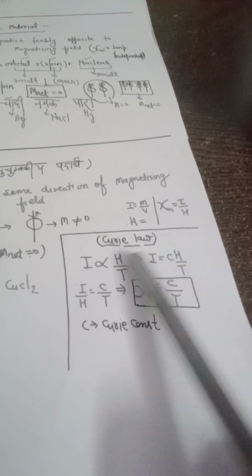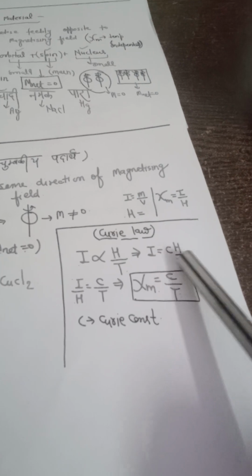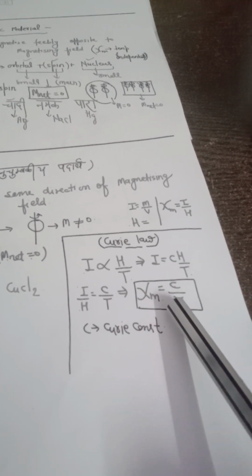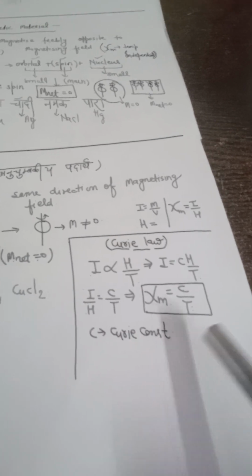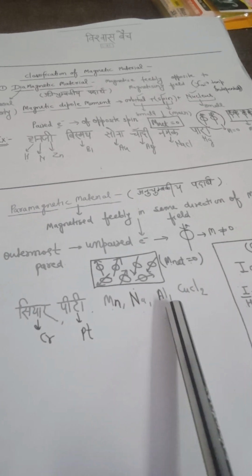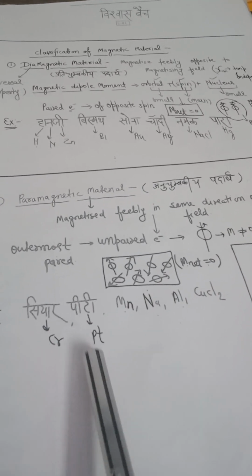So Curie law says I is directly proportional to h upon T. And when we put C, we find chi_m is equal to C upon T. Here C is the Curie constant. This is a trick: CrPt, Mn, Na, Al, Cu. Here Cr is chromium, and Pt is platinum.